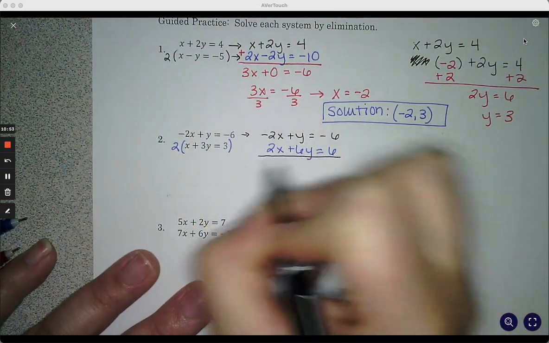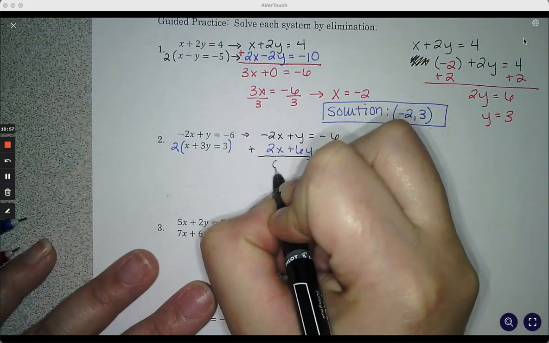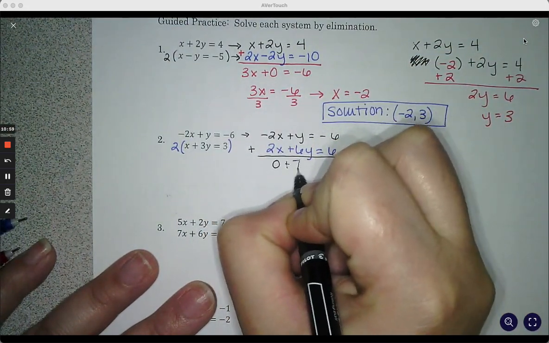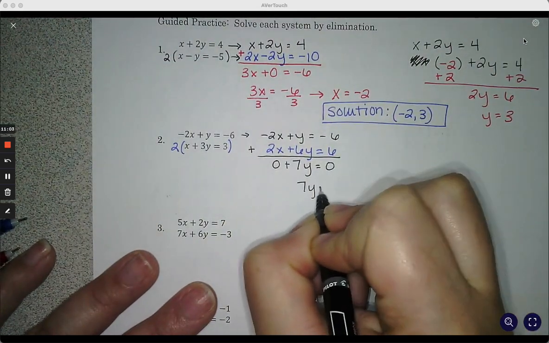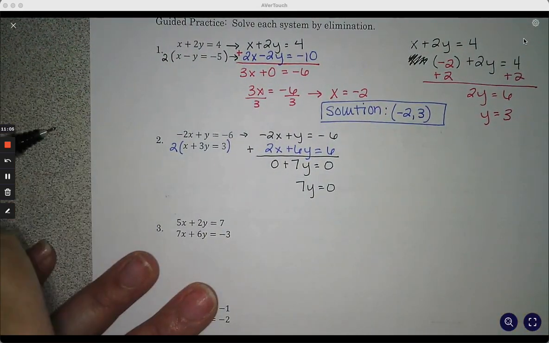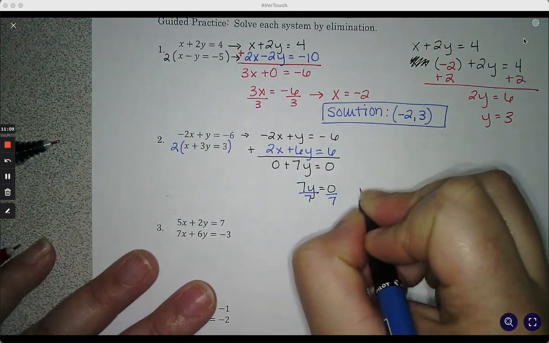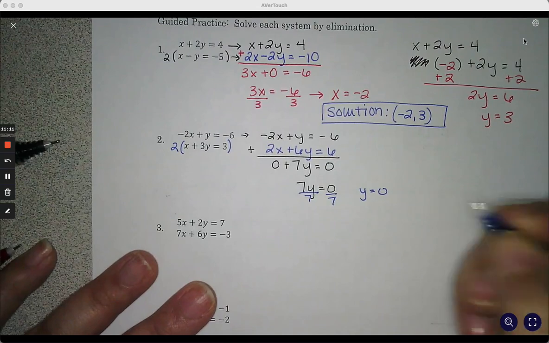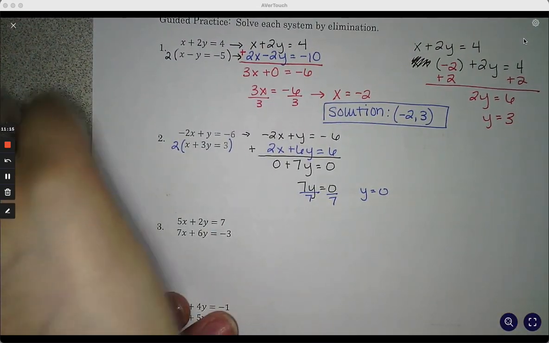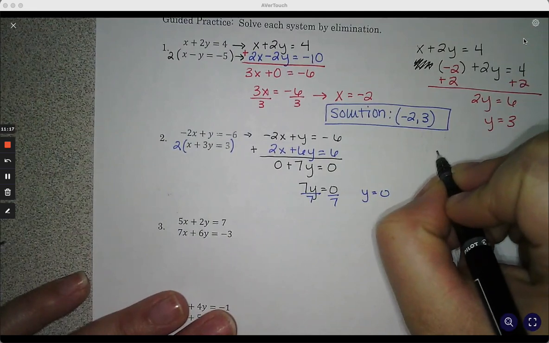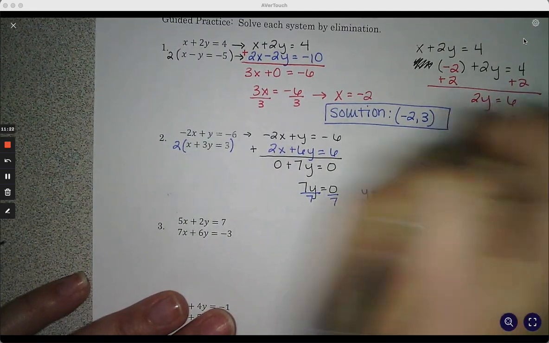And I can add everything together. Okay, so the x's cancel out, plus 7y equals 0. So I have 7y equals 0. To get y by itself, we divide both sides by 7. So y equals 0. If I plug it into an original equation, so we have negative 2x plus y equals negative 6.